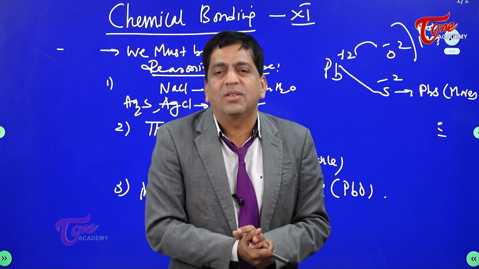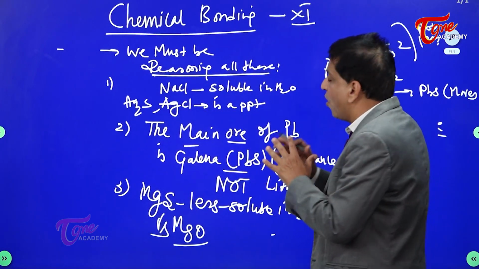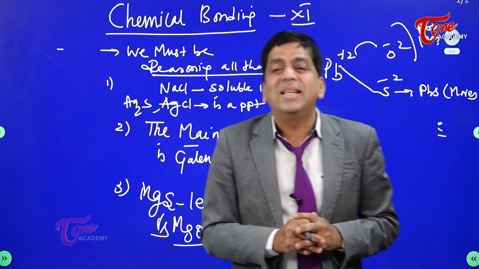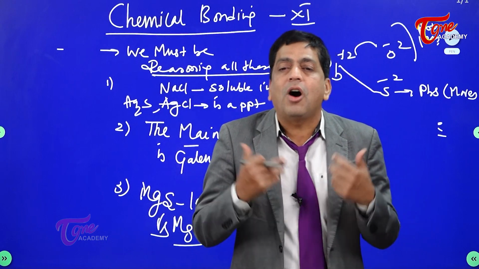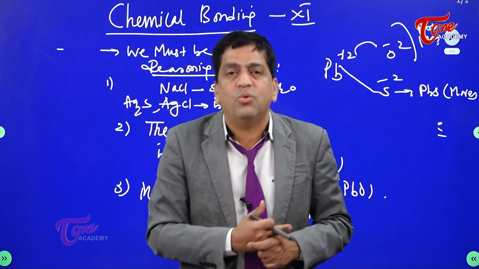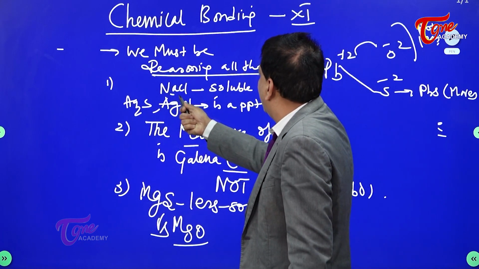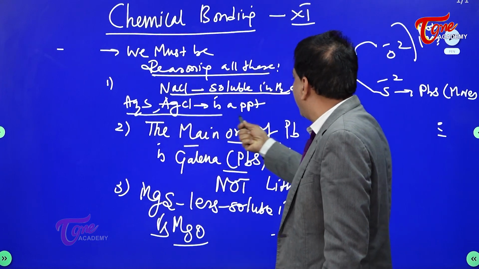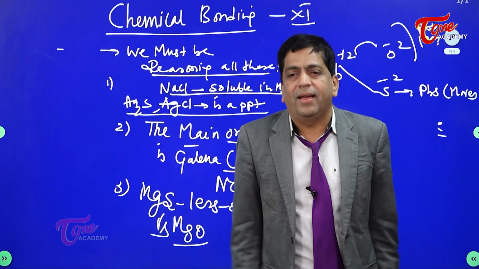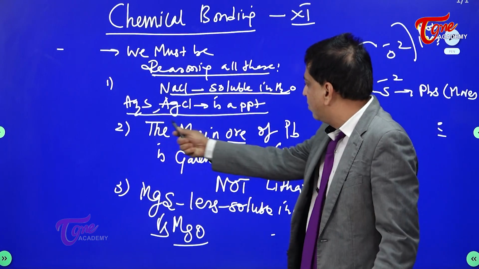You can see some of them are showing some percentage of covalent character in spite of being ionic compounds. See this: NaCl is extremely soluble in water, but Ag2S and AgCl are precipitates, indicating some percentage of covalent character has crept into these compounds.